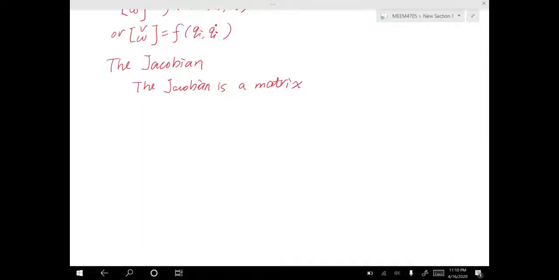So the Jacobian is a matrix that is a function of point position that linearly relates the joint velocity to tool-point velocity. Okay?